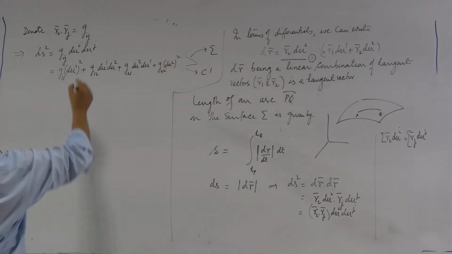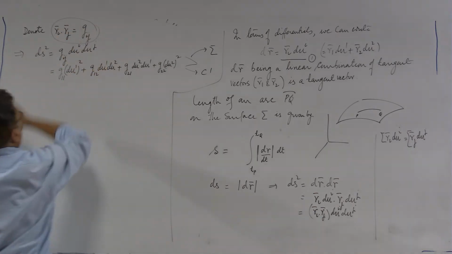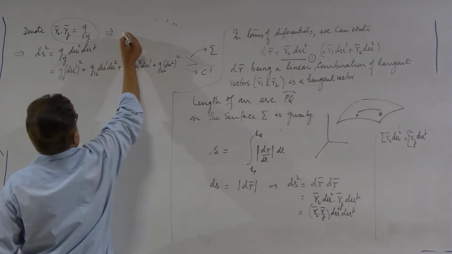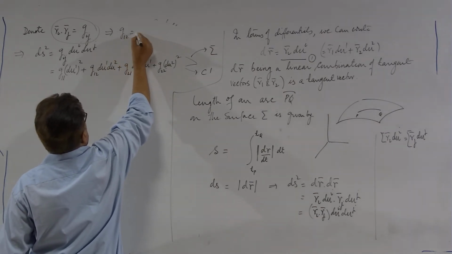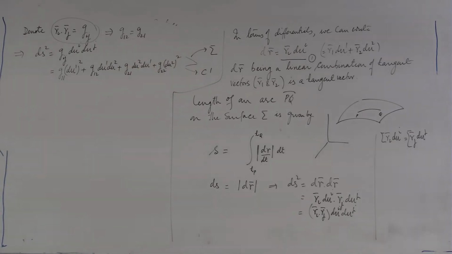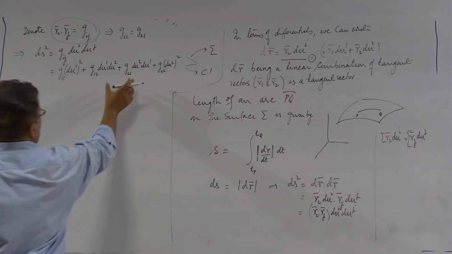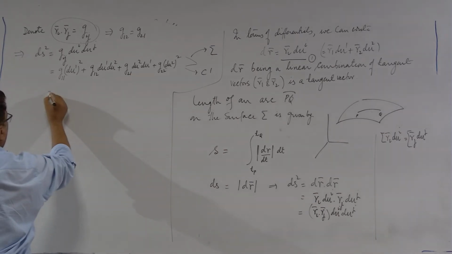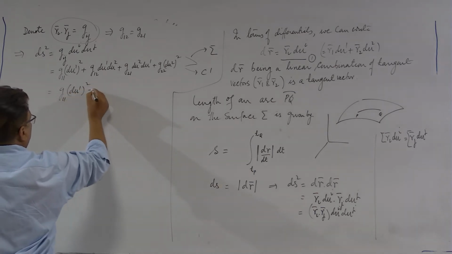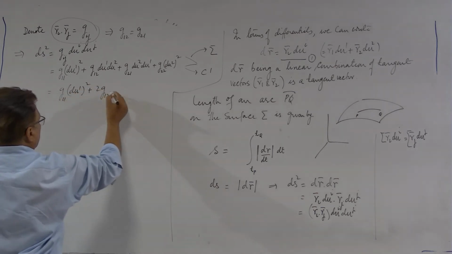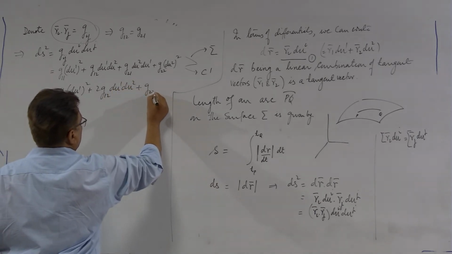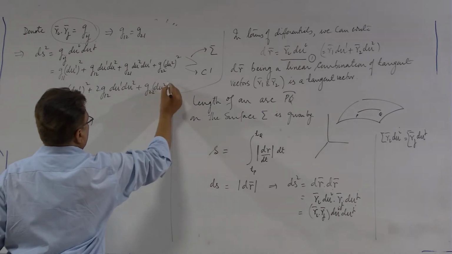From the relation above, you can see that G12 is the same as G21, because the dot product is always symmetric. So I can combine the middle two terms and it will become G11 du1 square plus 2 times G12 du1 du2 plus G22 du2 square.